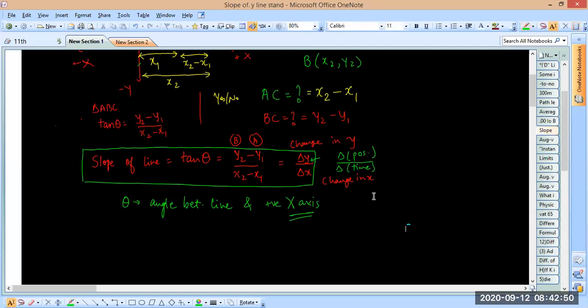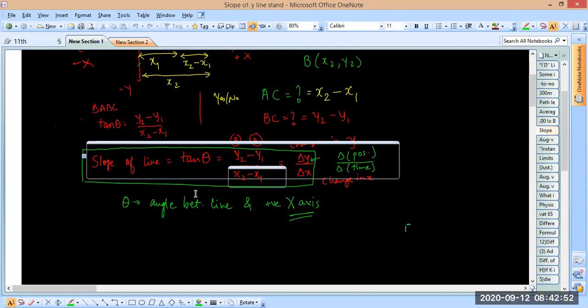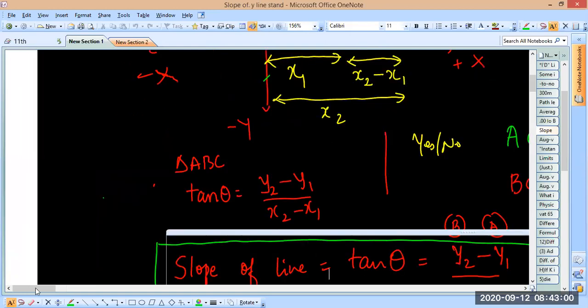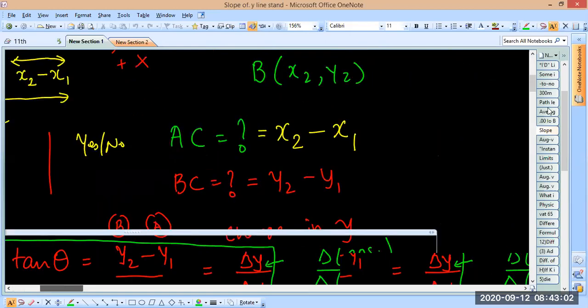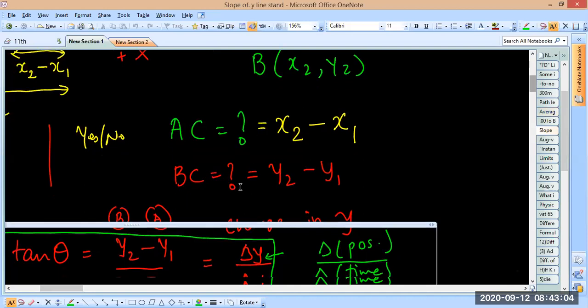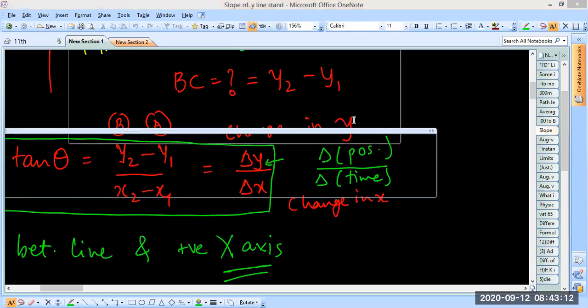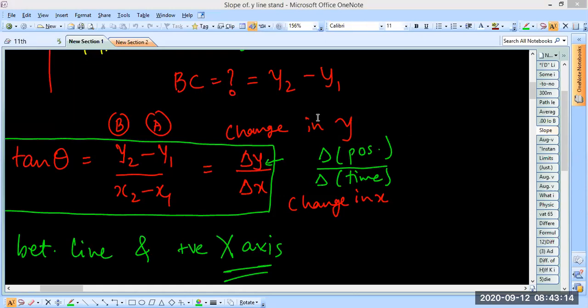Have a look at this. If you have a line, then the slope of that line is equal to delta y by delta x. So here, in our situation, we are drawing a VT graph right now.